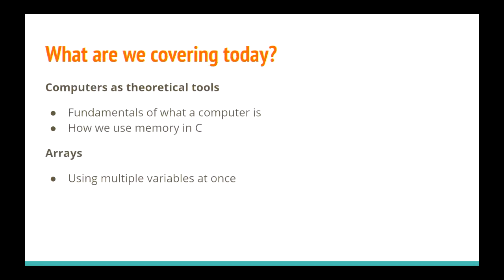All right, so what are we looking at today? I have spoken a little bit about what a computer is: a combination of a thinking bit and a remembering bit. I want to make these things as simple as possible because the theory is actually quite simple.